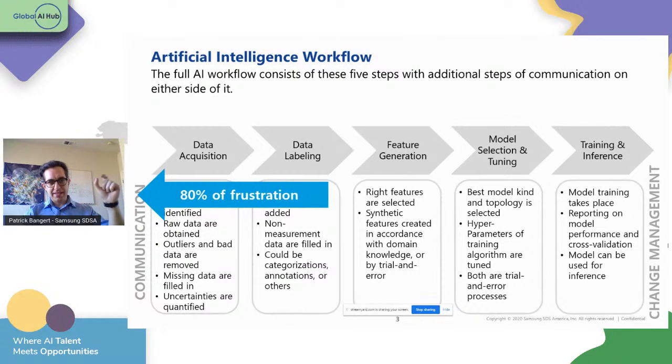It's the communication at the very beginning that represents, in my opinion, 80% of the frustration that you have over the entire project. Because it's there where you have to define clearly what is the problem and what does the solution look like. And if that is not clear, and I mean clear in a mathematical sense, very, very precise, then the rest of the project will typically go awry, or you will have to come back to the beginning and start again as people might change their mind.